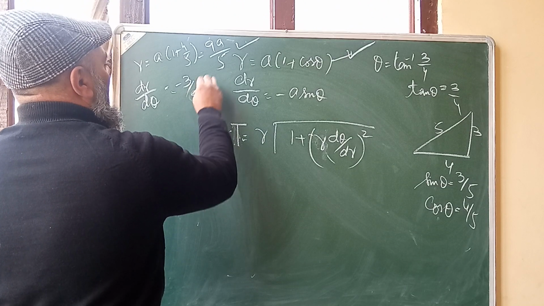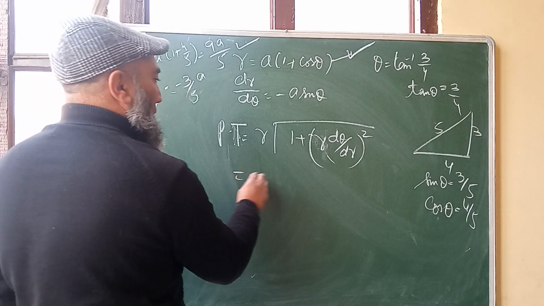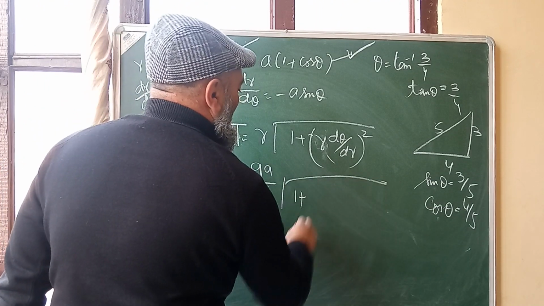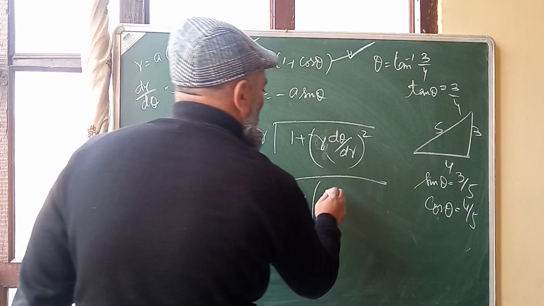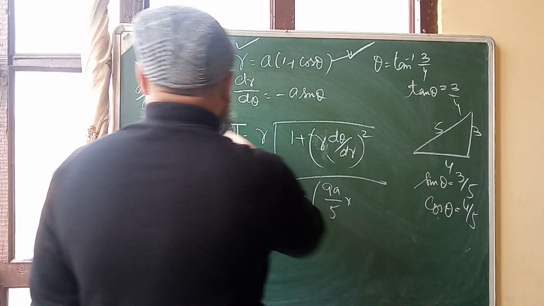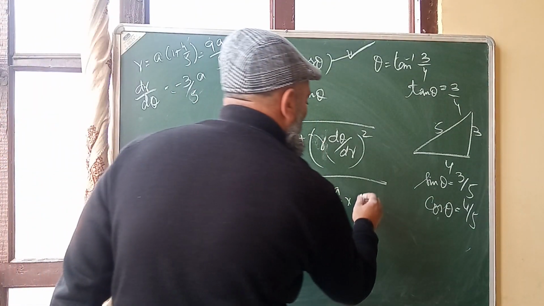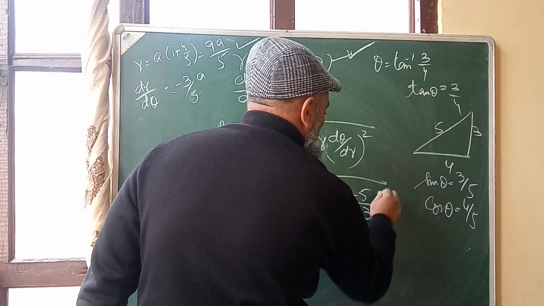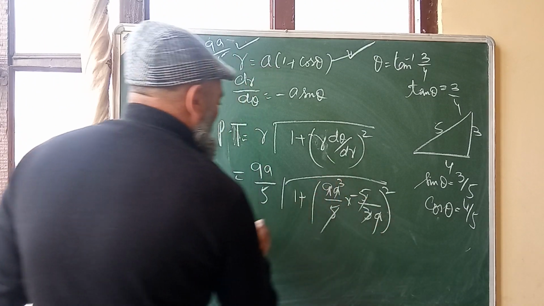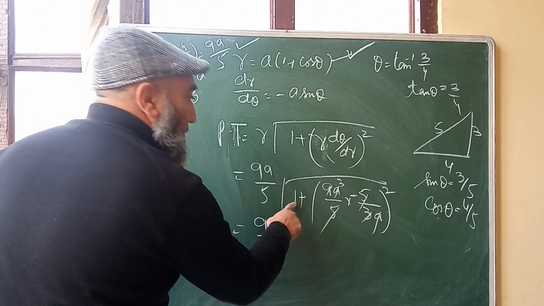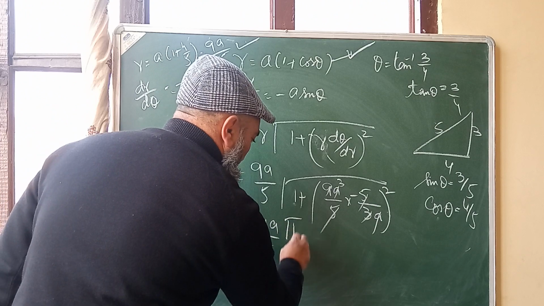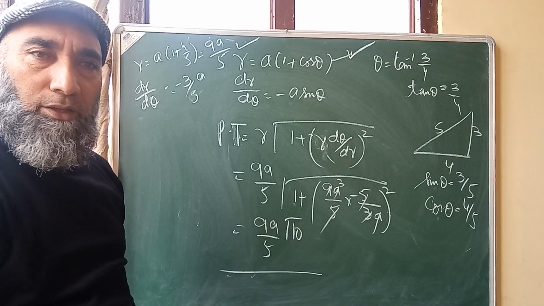So use it. R is 9a by 5. So d theta by dr will be minus 5 by 3a, whole square. So 9a by 5 times root of 1 plus 3 whole square, which is 9a by 5 root 10. This is the length of the polar tangent.